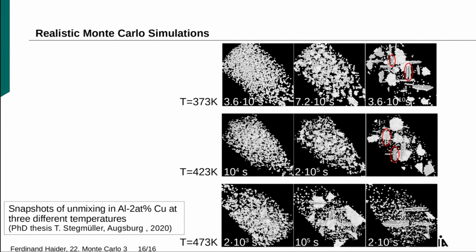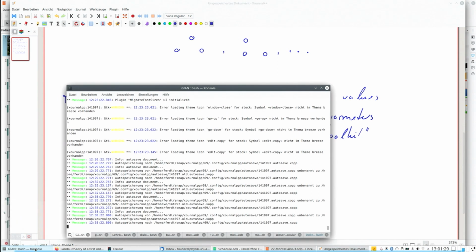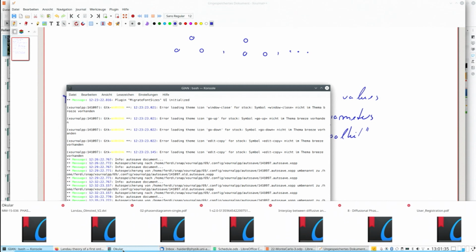It's not very astonishing. I think this was all I wanted to show about this ATAT algorithm. I could show a bit more pictures, but I can also make another lecture just from the thesis.